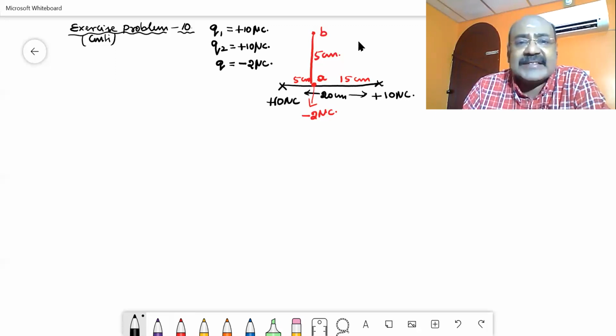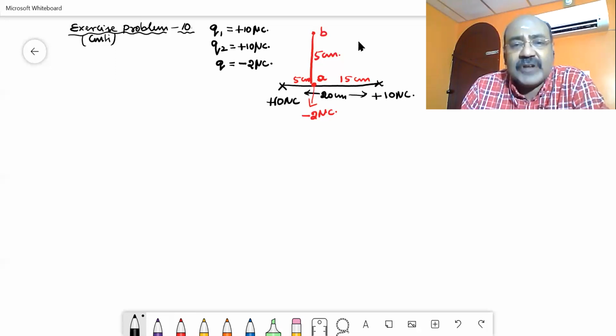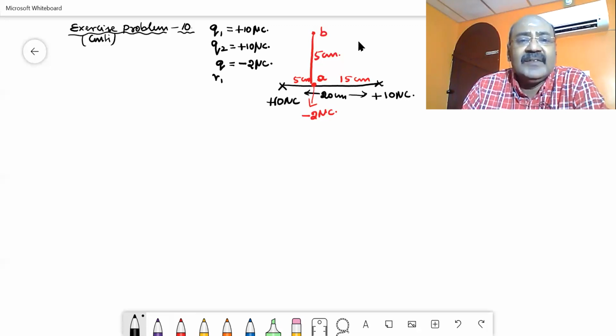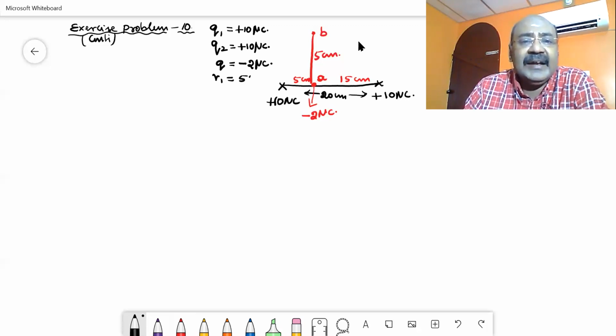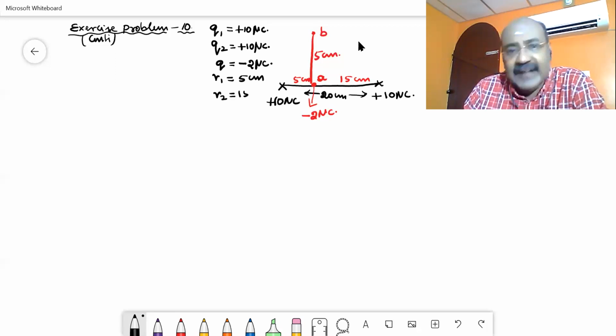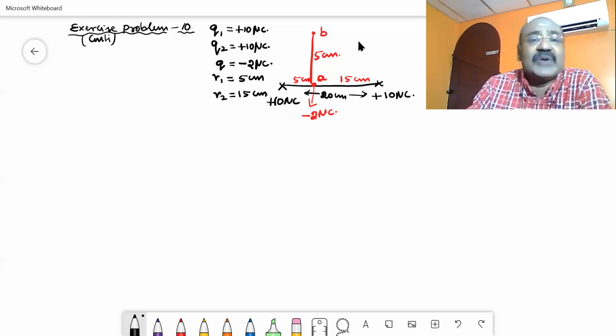One of the charges is at a distance from A; let us consider that distance as R1, which is 5 centimeters. And let us consider the remaining distance R2 as 15 centimeters.